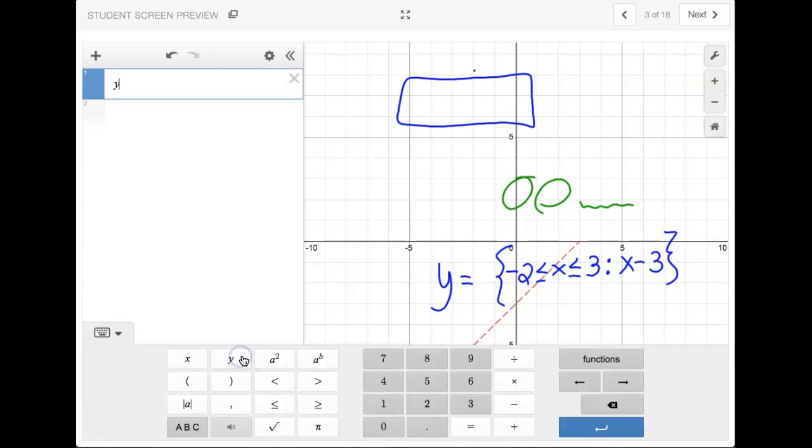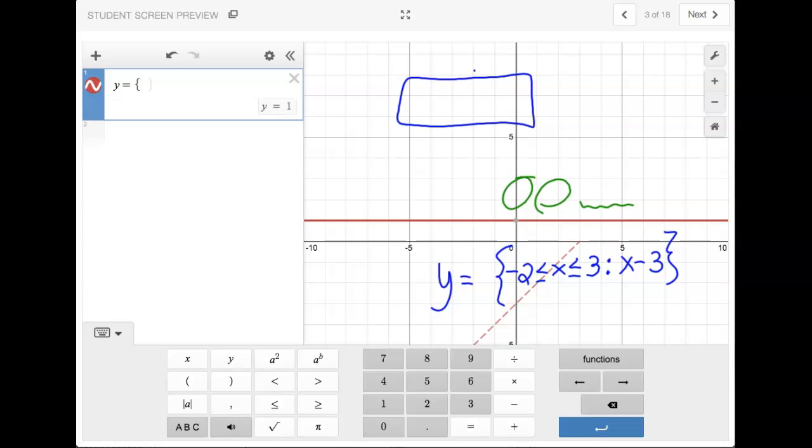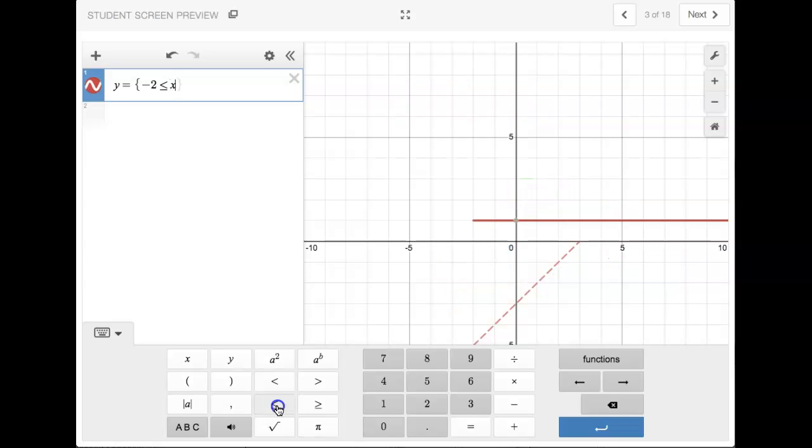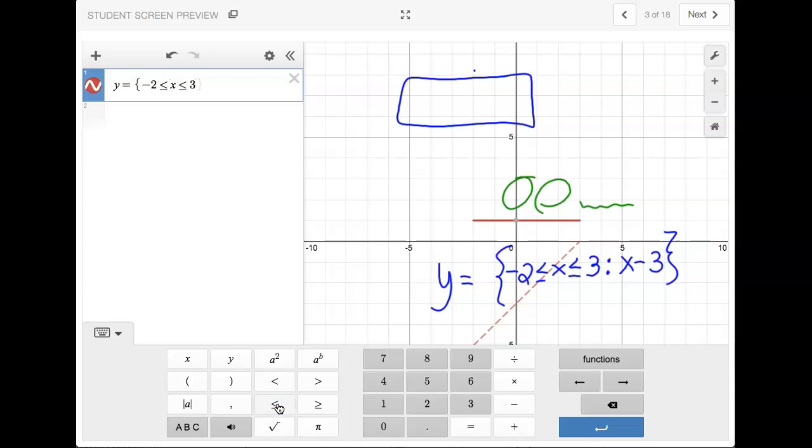So we want y equals our brace. Then we need our domain. So -2 is less than or equal to x, which is less than or equal to 3. Then we need a colon, and then our expression, x minus 3.